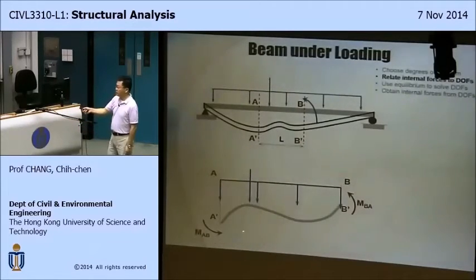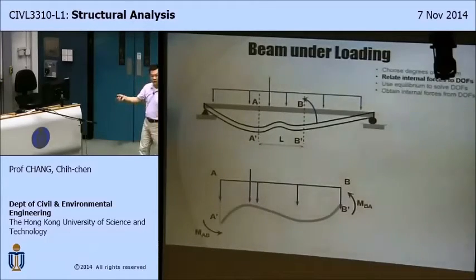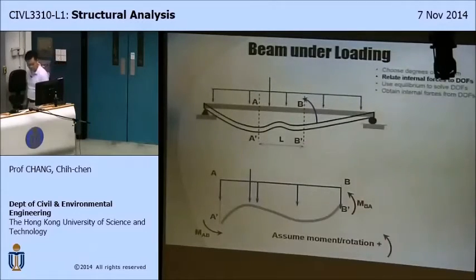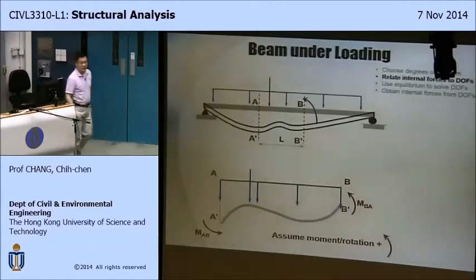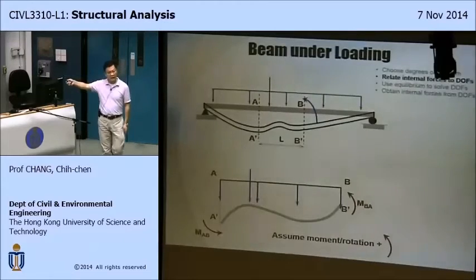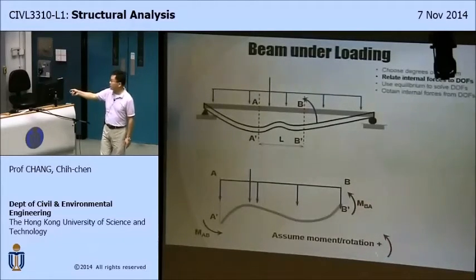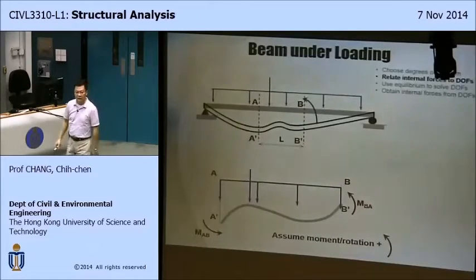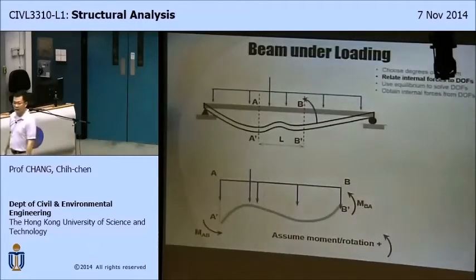So I'm going to define, for these two chapters only, the bending moment as positive if they are going counterclockwise. Doesn't matter whether it's on the left-hand side or the right-hand side. As long as I see a counterclockwise moment, I call it positive. If this is a clockwise moment, I call it negative.